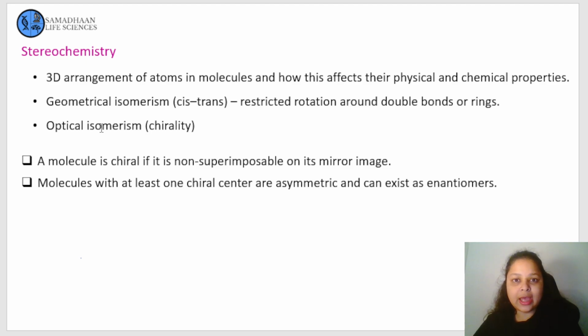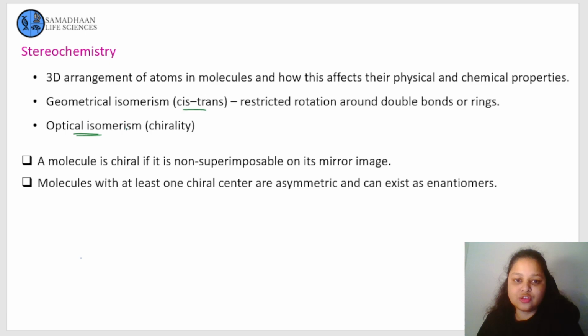Two molecules can have the same molecular formula but different spatial arrangement of atoms around the central atom, and those will be stereoisomers. For stereoisomers, we mainly have two types. The first one is geometrical isomers, where cis-trans isomers are there around a double bond, and the second one is optical isomers, which I will discuss today in detail.